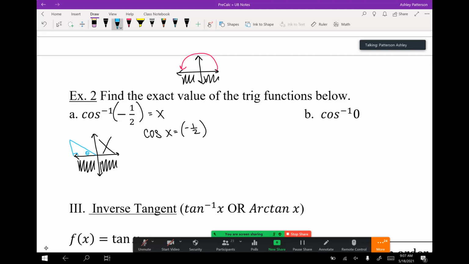So we need to figure out what angle is going to give us a cosine of negative 1/2. The cosine of what angle measure is negative 1/2?